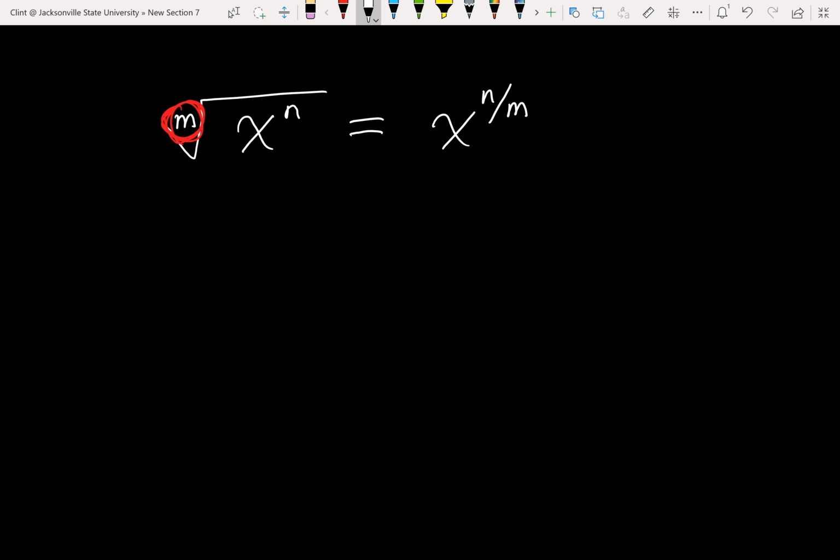So let's think about what that would look like with some numbers. Maybe we have the cube root, or the third root, of x. Just an example. If we rewrite that in exponent form, the exponent on the x is 1, so we end up with x to the 1/3 power.